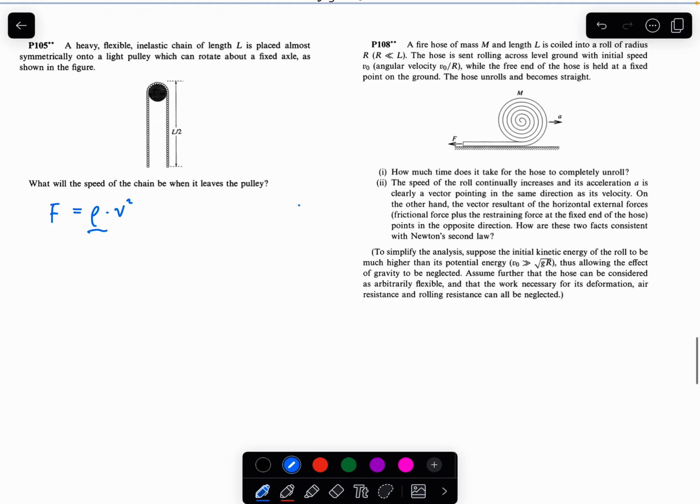This is very similar to what you've learned in A-level physics when we calculate the wave speed of a wave on a taut chain, right?